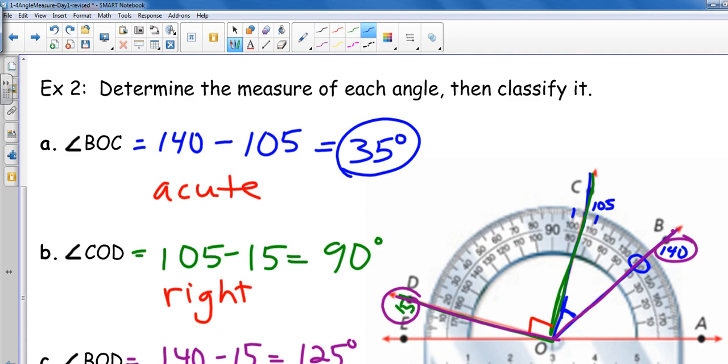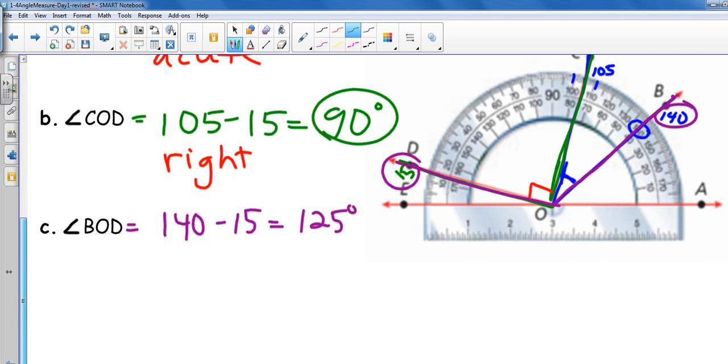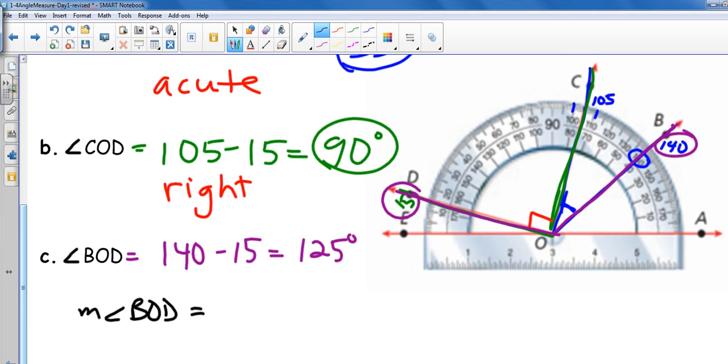Or you might have been noticing that I could really just take the 2 answers that I had, the 35 degrees for BOC and the 90 degrees for angle COD, because the measure of angle BOD is really equal to the measure of angle DOC plus the measure of angle COB.